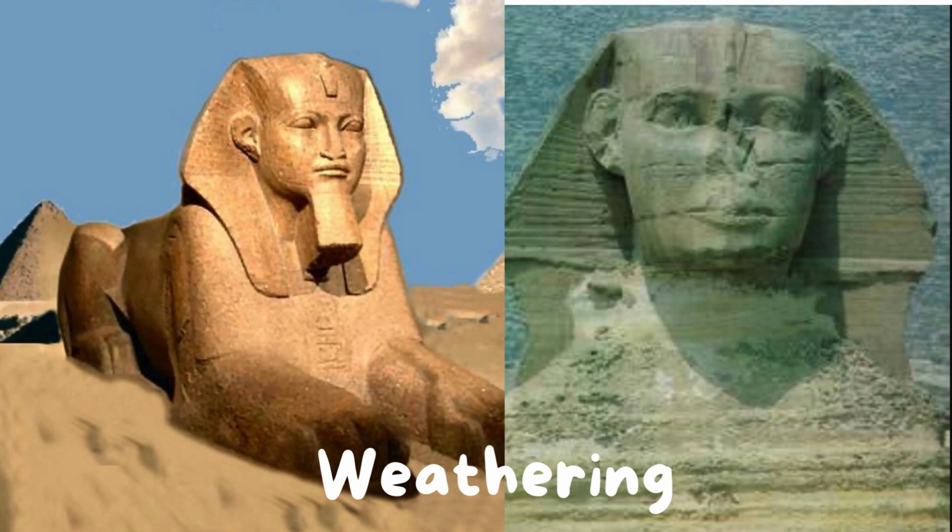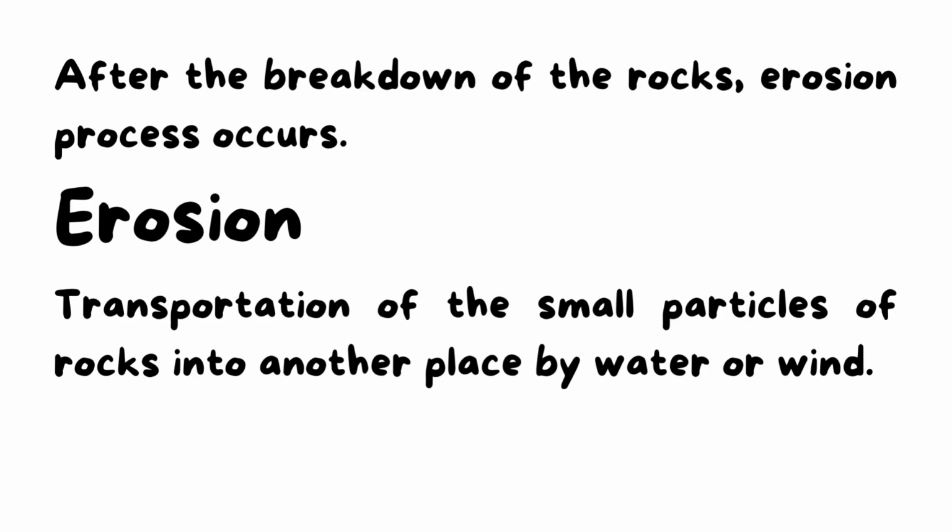After the breakdown of the rocks, something called the erosion process happens. So now we have weathering and erosion. Erosion means what? The transportation of the small particles. These small particles that have been broken from the rock will be transported to another place, also by wind or by water.